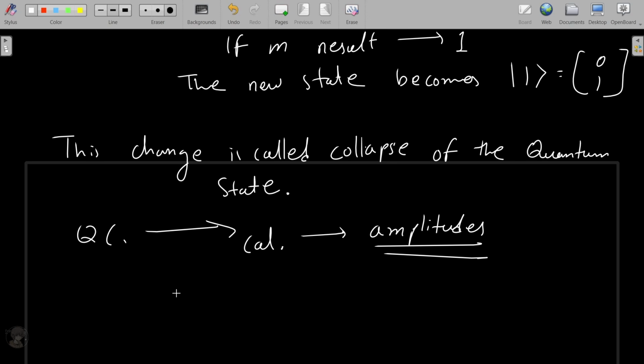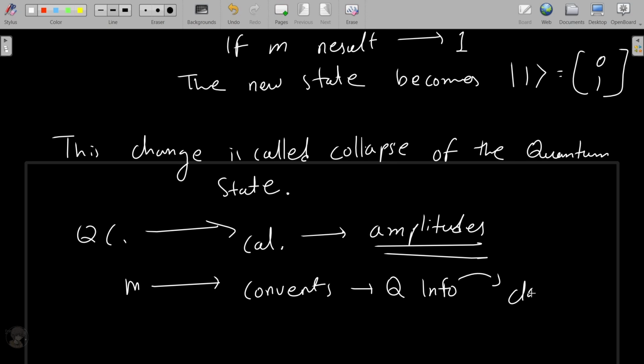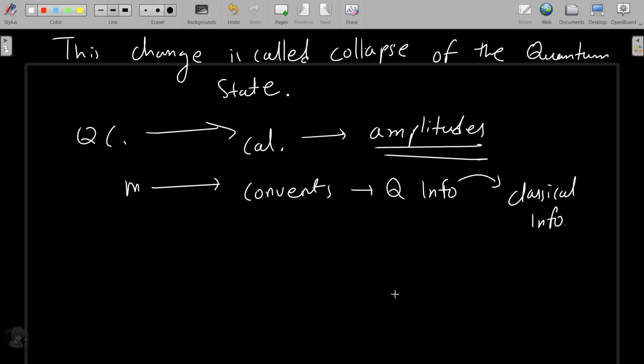But when we read the result, we must measure the system, and measurement converts quantum information into classical information. This connects the quantum world to the classical world. I hope you get it.